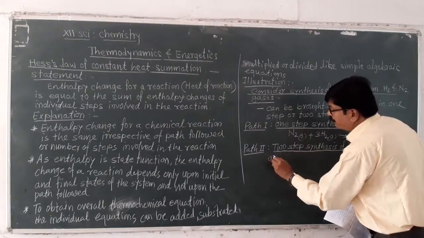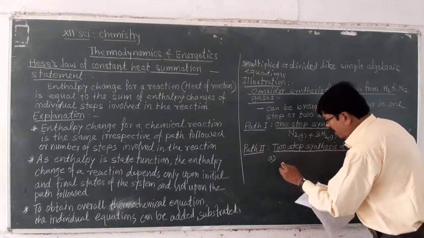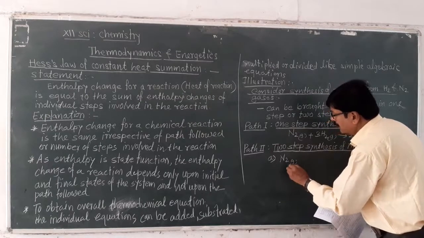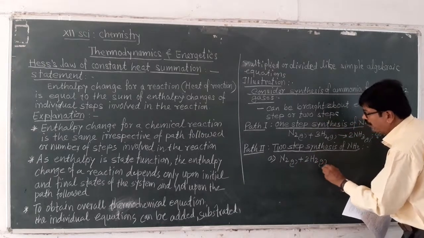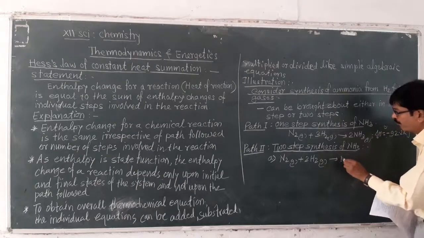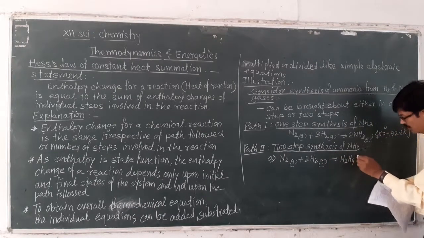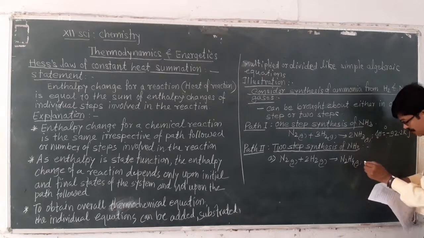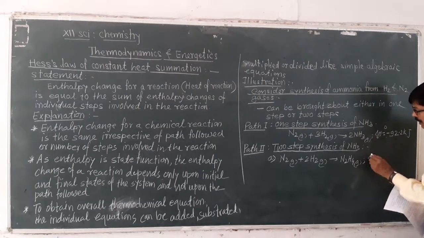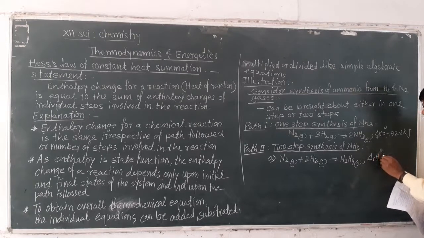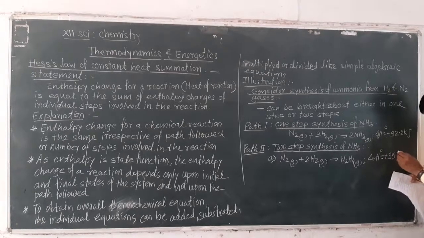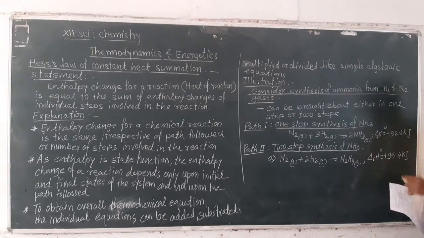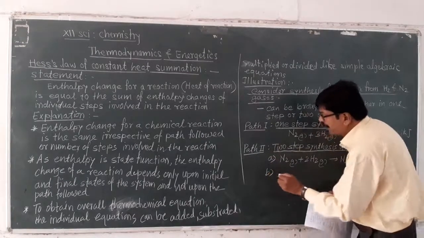In this, first of all, nitrogen gas is mixed with a limited amount of hydrogen to produce N2H4 nitrogen hydride gas, and the enthalpy of this reaction, delta r H naught, is plus 95.4 kilojoule.